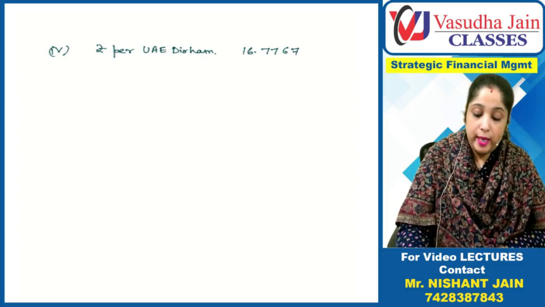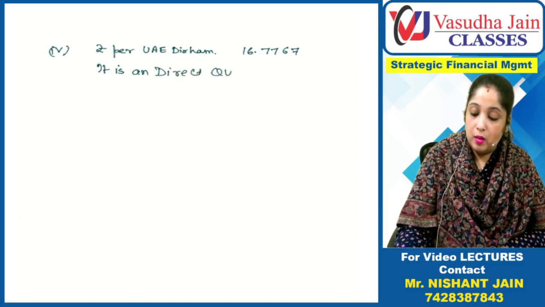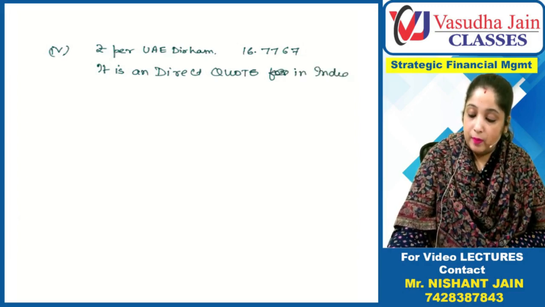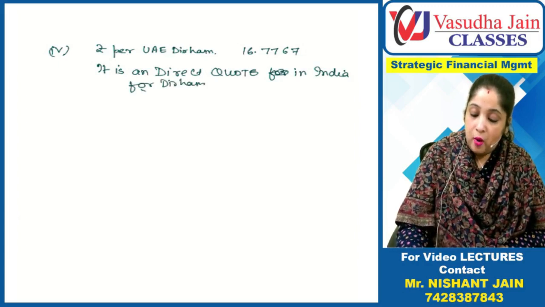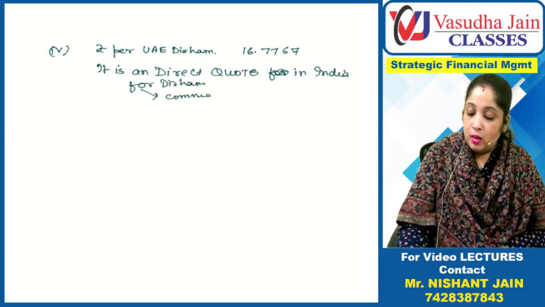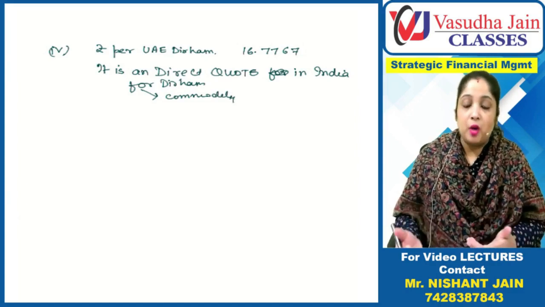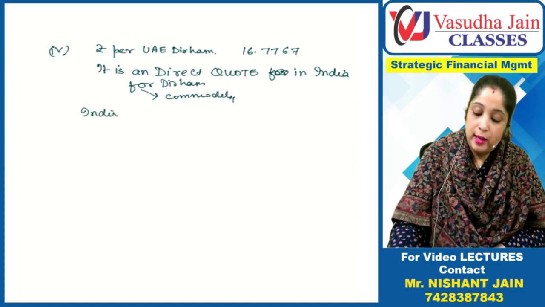So first of all we are going to write it is a direct quote in India for dirhams, right? For implies commodity. For which commodity is it a direct quote? It is a direct quote in India, but for which commodity? Dirhams.